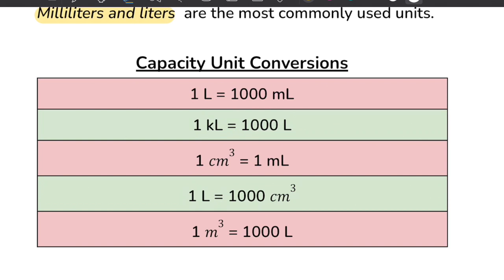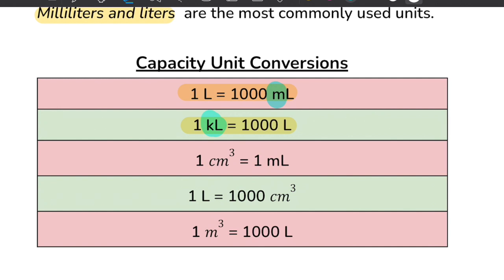So 1 liter is equal to 1,000 milliliters. 1 kiloliter is equal to 1,000 liters. And this should become very predictable because we're using those prefixes that we learned in the first part of this unit, right? So the milli, centi, kilo, hecto, all of those.